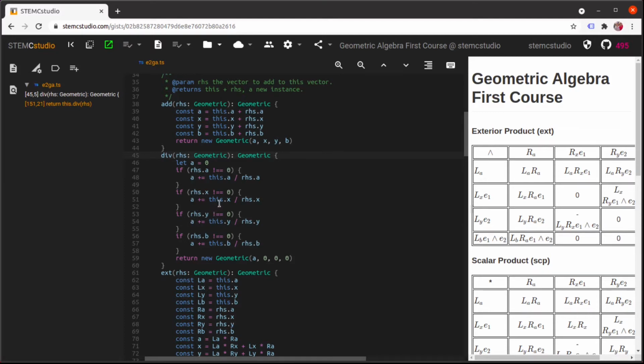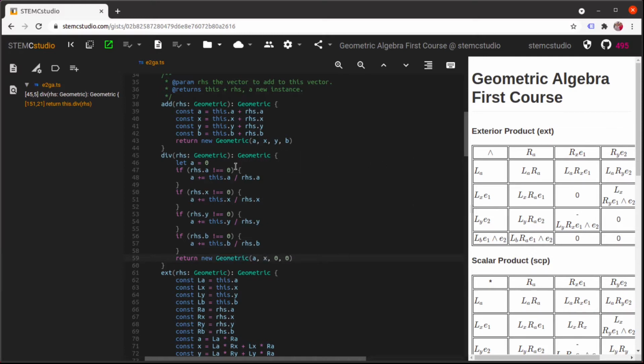So what do we want? We want the case when we divide by a scalar, so we'll have a non-zero scalar value. And what we want to do is, for example, calculate the x value.